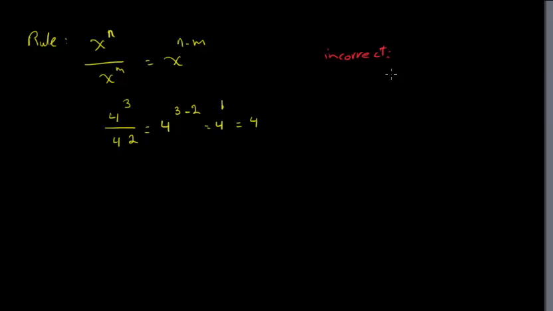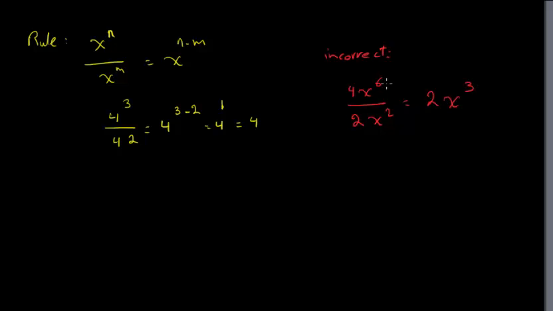But the incorrect form is to divide the exponents instead of subtracting. Let's say we have 4x to the 6th power over 2x squared, and the incorrect form would be 2x to the 3rd.